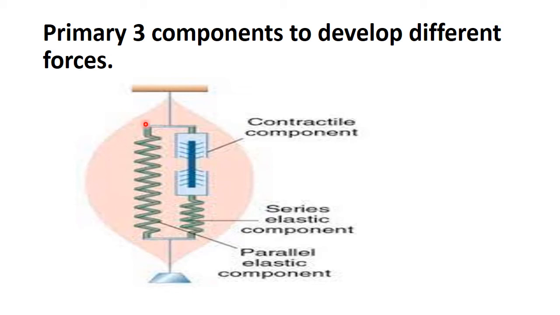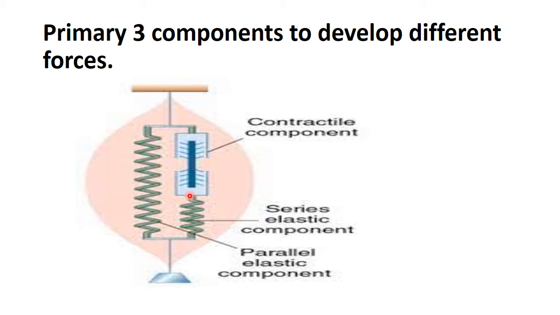And another is parallel elastic component, epimysium, perimysium, endomysium, and fascia, which are in parallel to the muscle belly, means the contractile muscle part. So there are two elastic components, series and parallel. They play an important role in the initial stages or initial length of the muscle.